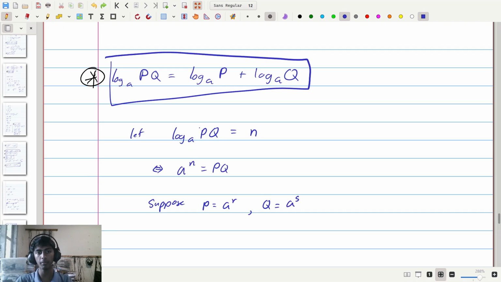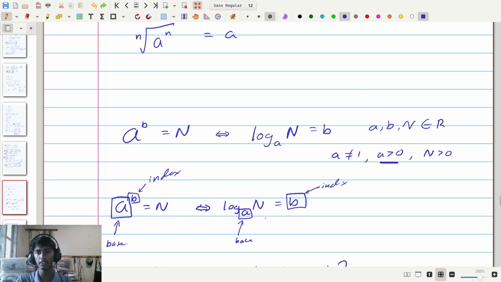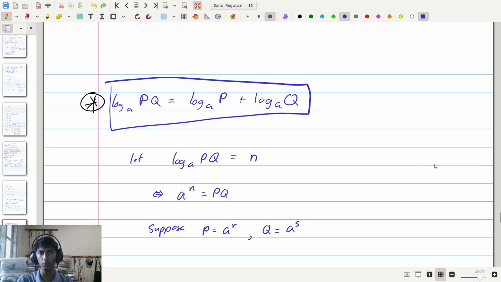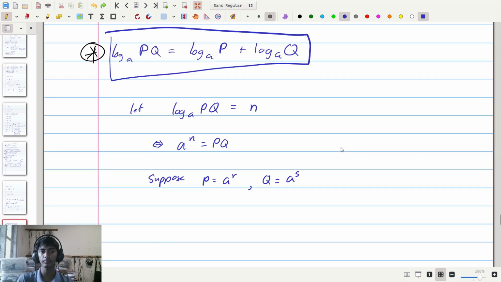And recall from above, we had to have that a is a positive number and n is a positive number. So both of these are positive, which means it will work. So suppose that p is a to the r and q is a to the s. This has to be true for some r and s, which we don't know, but we don't need to know. We just need to understand that there exist some r and s for which this is valid.